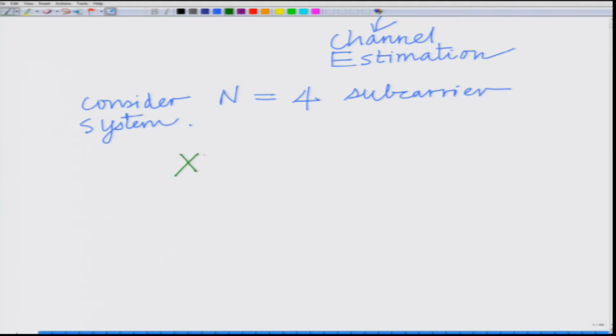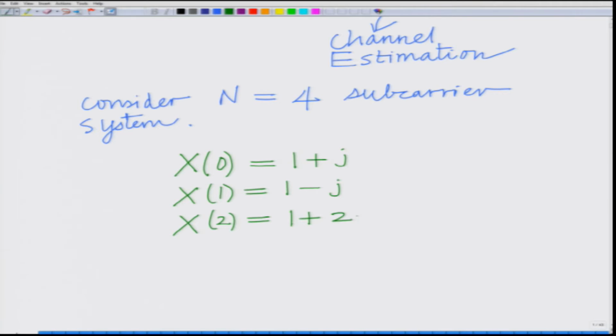Let these pilot symbols, denoted by capital X, be X0 equals 1 plus j, X1 equals 1 minus j, X2 equals 1 plus 2j, X3 equals 2 minus j.